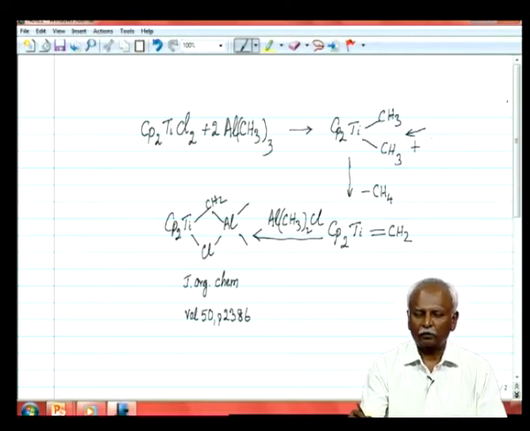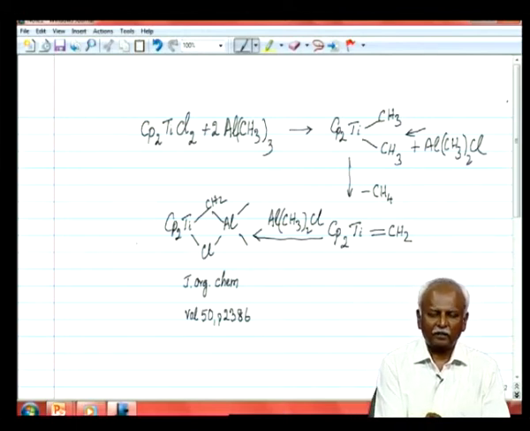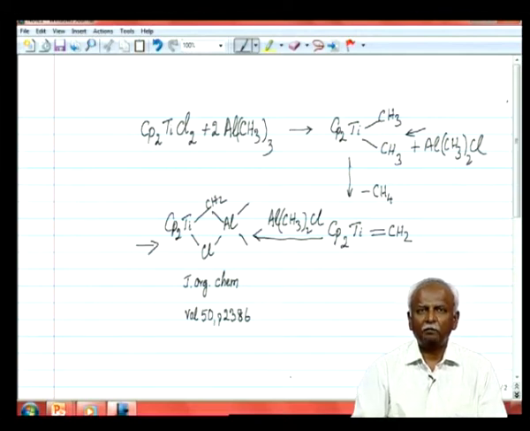So, here you would end up with Al(CH3)2Cl as a product, and this reacts with your carbene intermediate and forms a stable bimetallic species, and this bimetallic species has got both titanium and aluminum in the product.